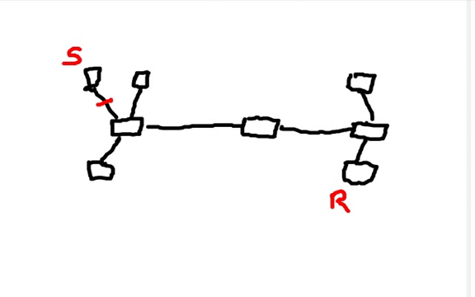So for example, to diagnose that this hub would be down, perhaps you'd be testing from the sender. You could test this point here, you know it's okay. You could test this point here, you know it's okay. And you could test at this point here, and then at this point here.